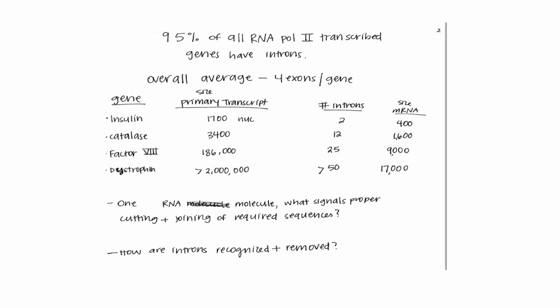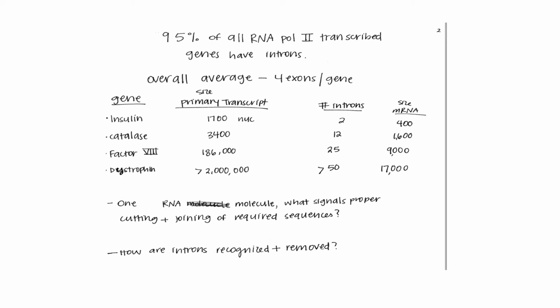We move on to factor VIII, which is a protein involved in blood clotting, and we see it gets much bigger and much more dramatic. 186,000 nucleotide primary transcript, 25 introns need to be removed, and the final size of the messenger RNA is 9,000 nucleotides.